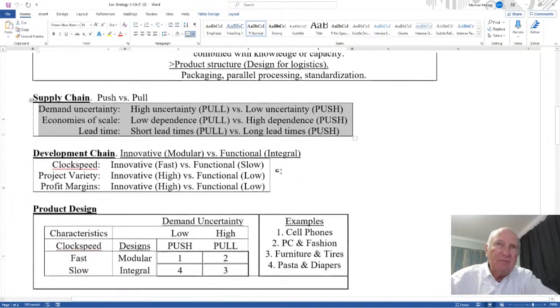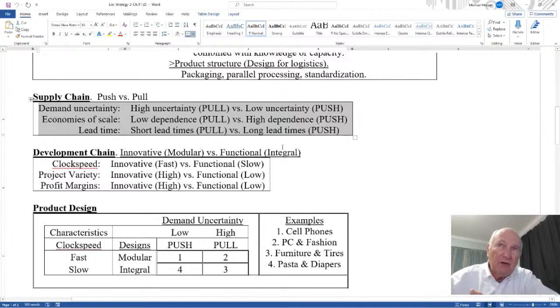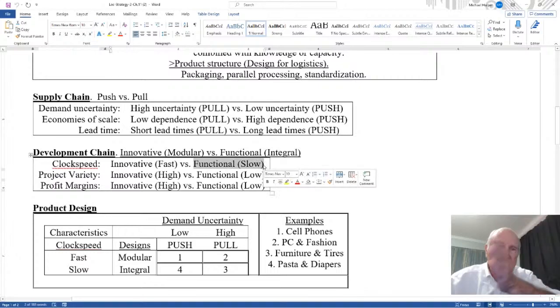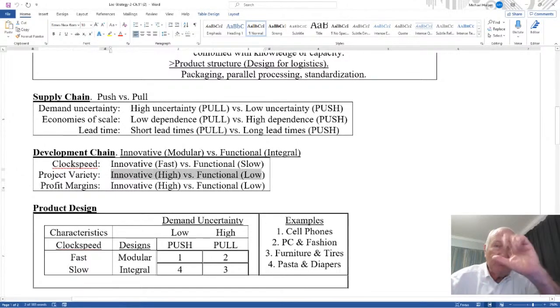Okay, the development chain, innovative and functional, or modular and integral. For the clock speed, the innovative is fast clock speed. Innovative, it turns over very quickly. Functional is a slow clock speed. The design really doesn't change that much over time. The project variety, the innovative is high variety. Functional is low variety.